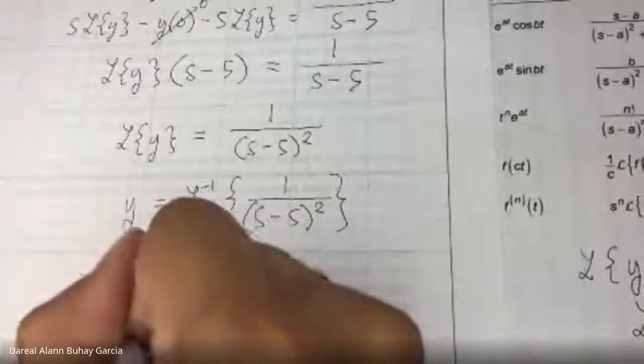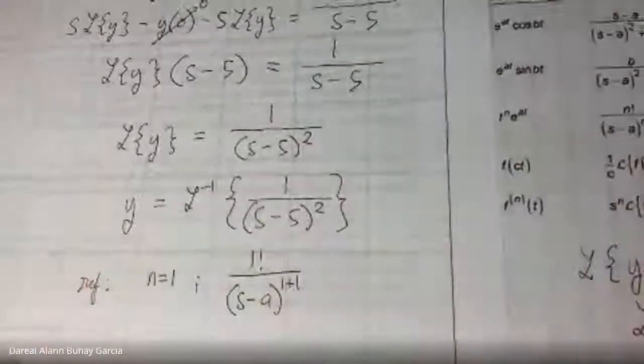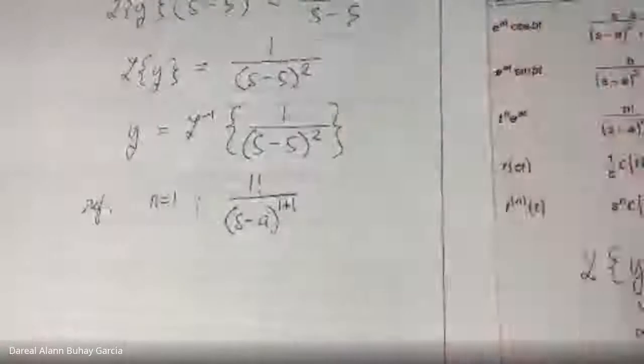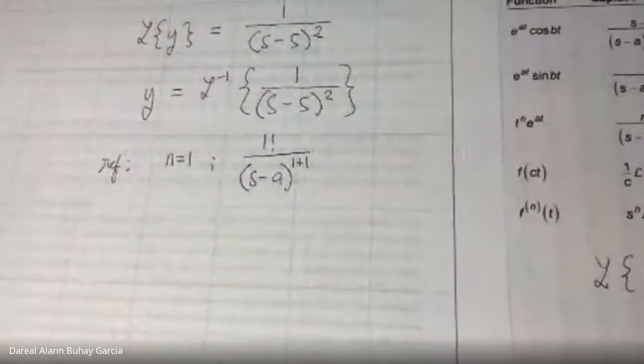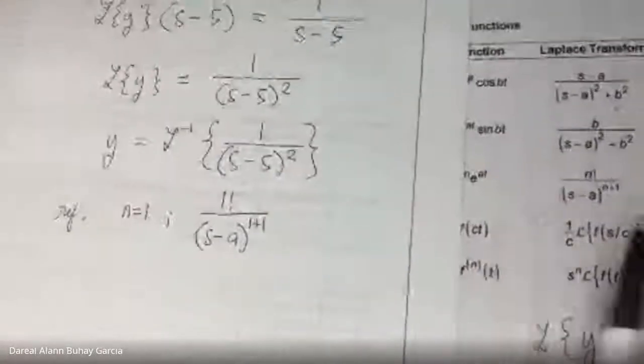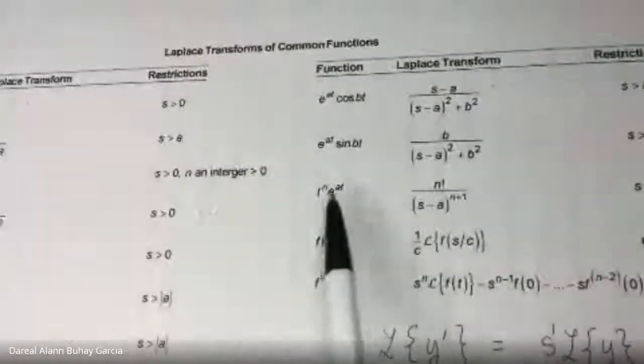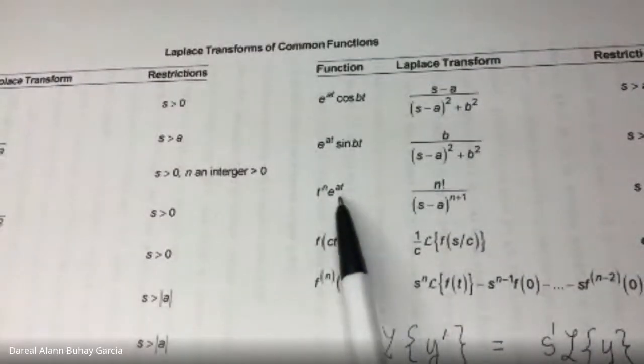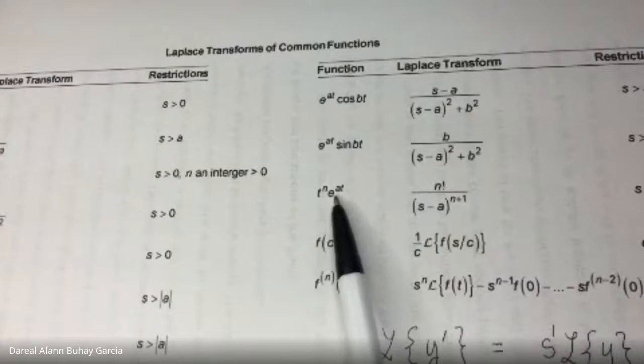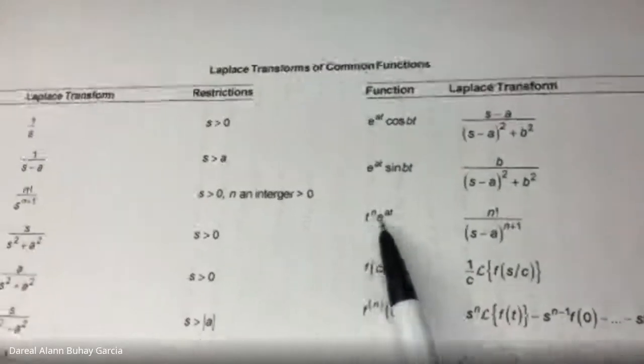So for this table, meaning, the inverse Laplace is this one: t to the power of n times e to the power of at. So what is n? N is 1.